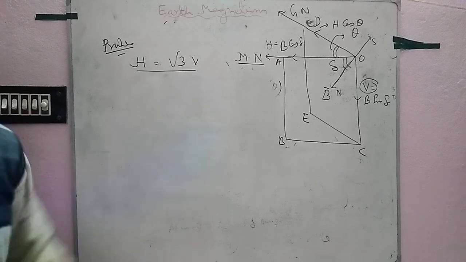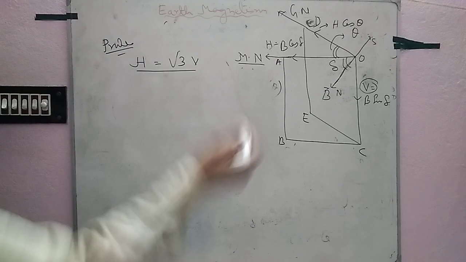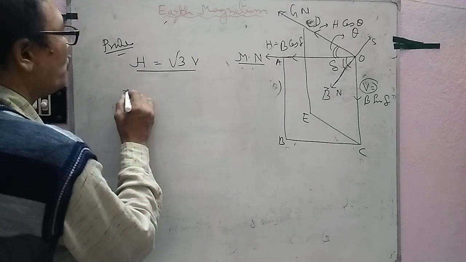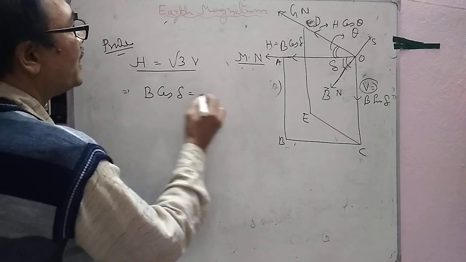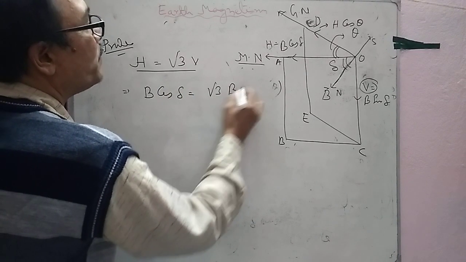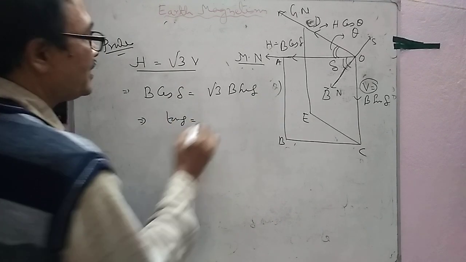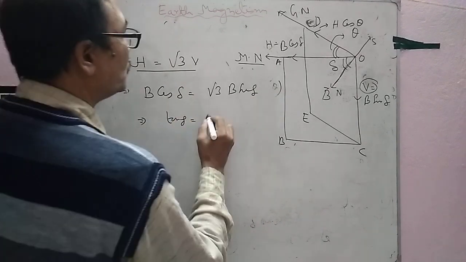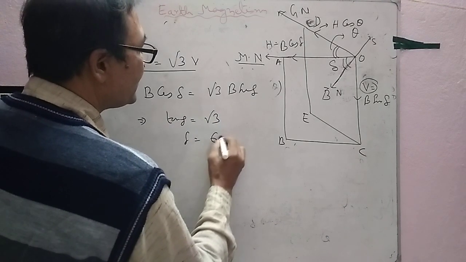So H is equal to root 3 V. What will be the angle of inclination or dip at that place? This is the problem. So H is equal to, we know, B cos sigma equal to root 3 B sin sigma, that is tan sigma equal to 1 by root 3. So sigma equal to 60 degree.